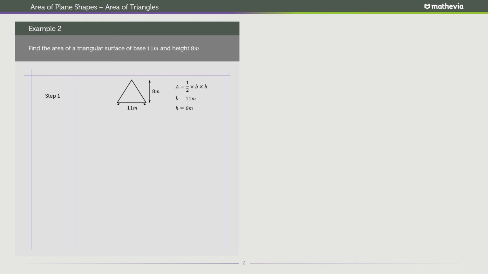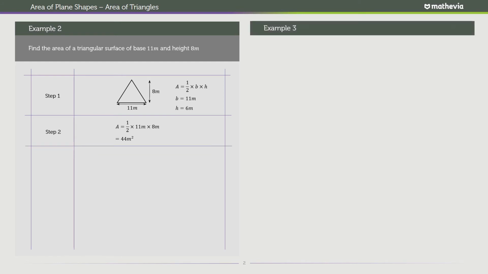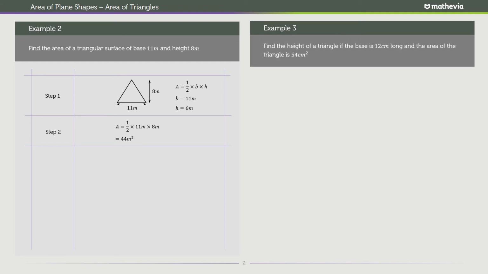Base is 11 meters, height is 8 meters. Okay, and basically we have half times 11 times 8, and we have 44 meters squared. Okay, because basically 11 times 8 is 88, divided by 2 we have 44. Simple.